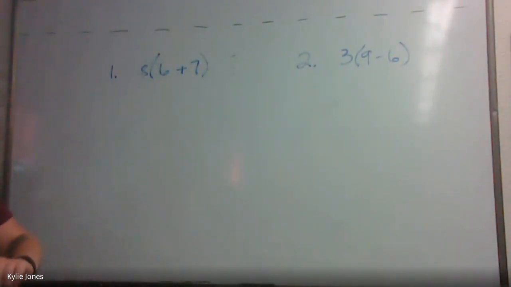Okay, let's do about 1 more minute on these ones. Remember, you're taking the number on the outside and multiplying it to the numbers on the inside, and then adding or subtracting.